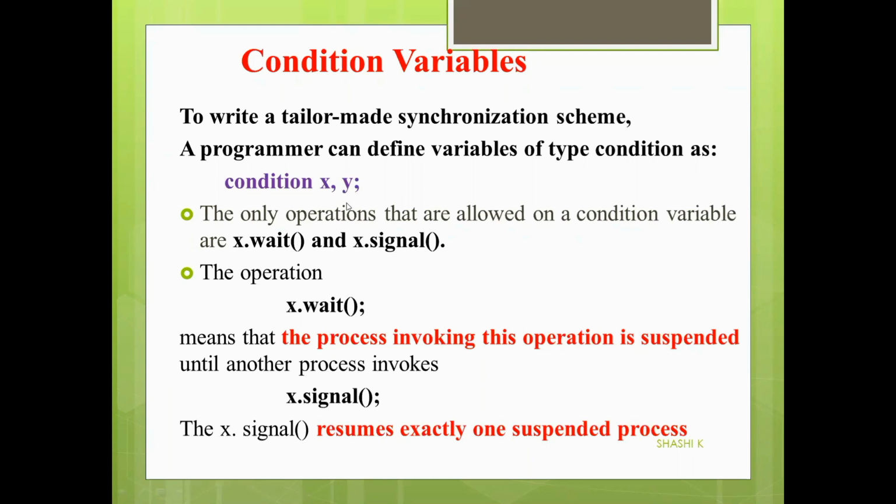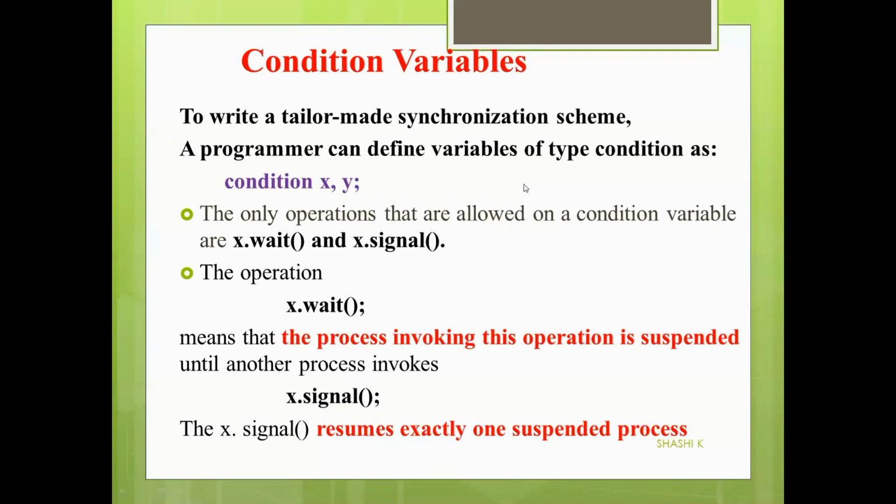So how? Here, if you have two shared data called X and Y, we will define condition constructs called X and Y. If some process wants to access the shared data X, it will do so by executing X dot wait and X dot signal. If some process wants to access the shared data Y, it will do so by executing Y dot wait and Y dot signal.